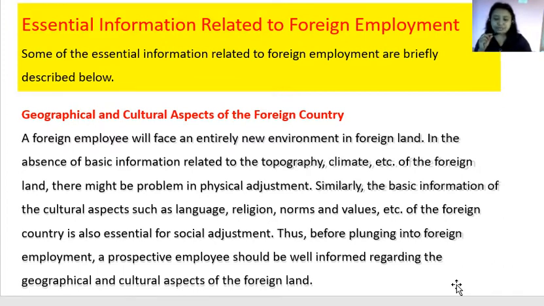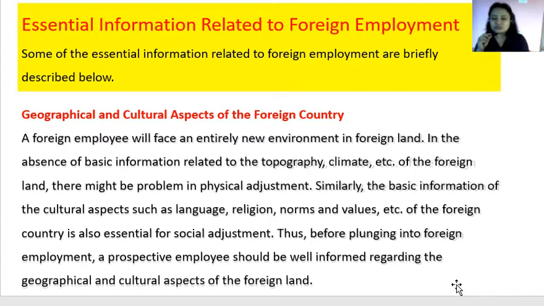Sometimes people in Nepal will do namaste, right? And people in other countries will do another type of greeting. They will have other types of norms and values. If we are not able to adjust to their norms and values, then they will not feel easy.